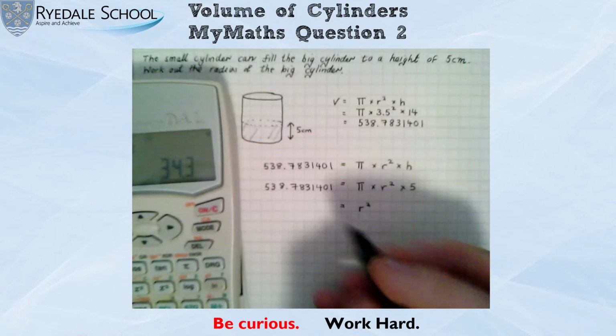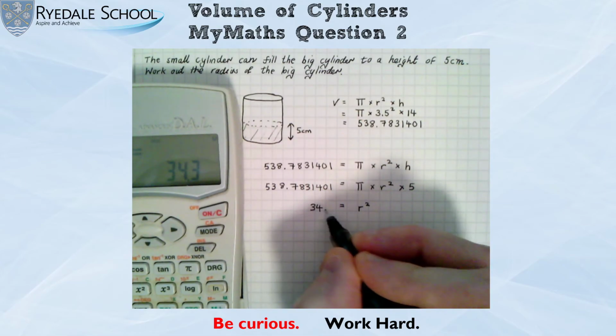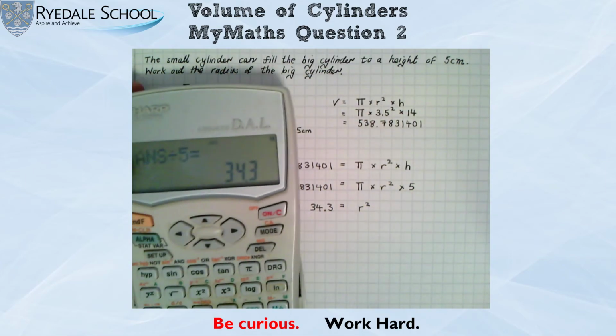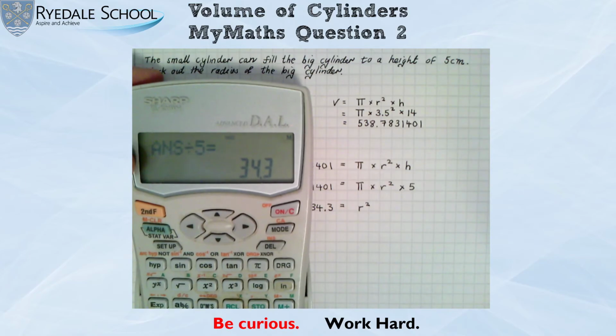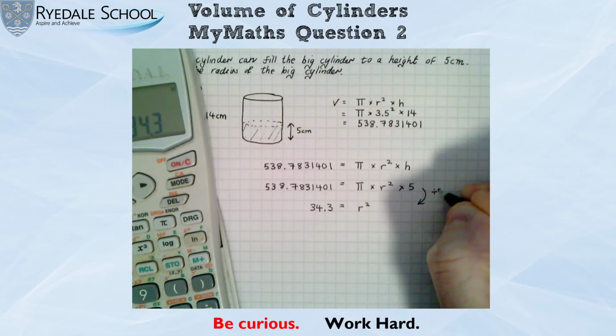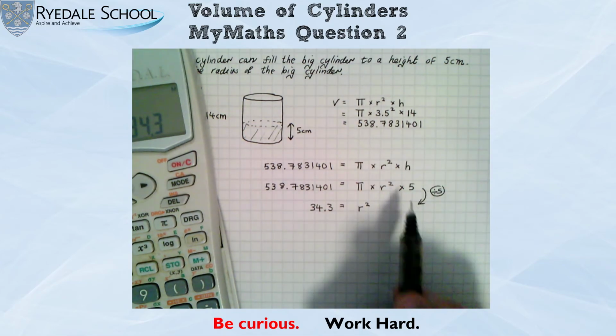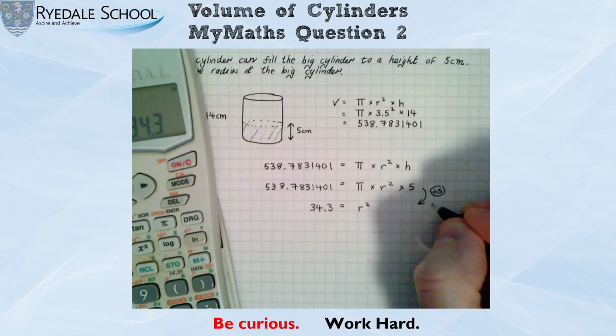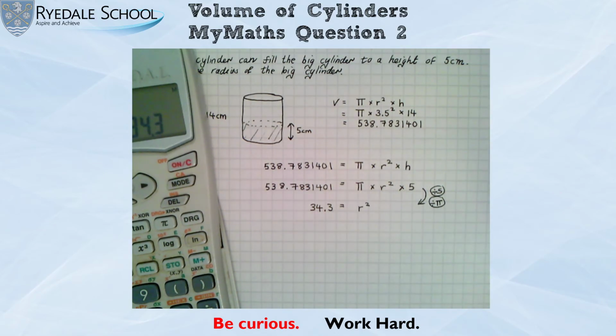So r squared is 34.3. Now you might be wondering, why is it no longer a horrid decimal? It's no longer a horrid decimal because we divided by pi, and that previous answer we'd multiplied by pi, and that kind of cancels out that horrid decimal. So that was me dividing by 5, which was the inverse of times by 5, and it was me dividing by pi as well, the inverse of times by pi.